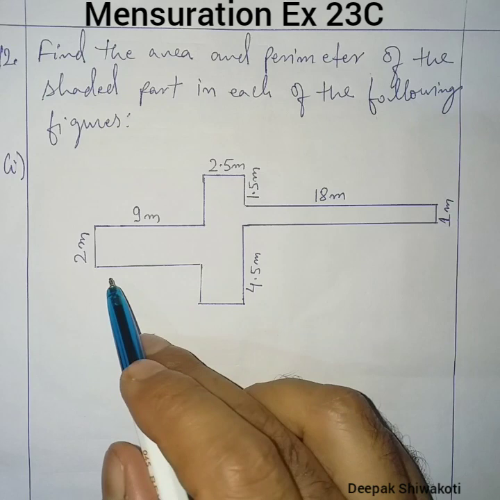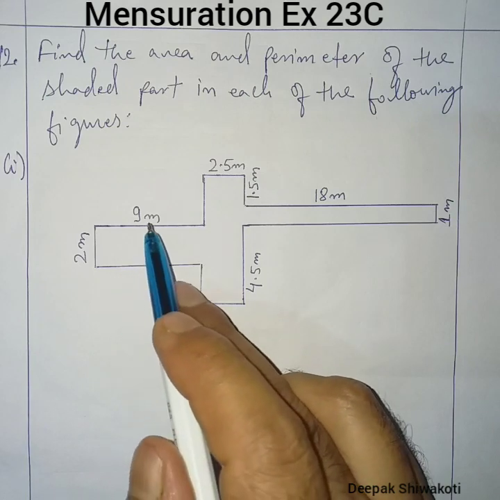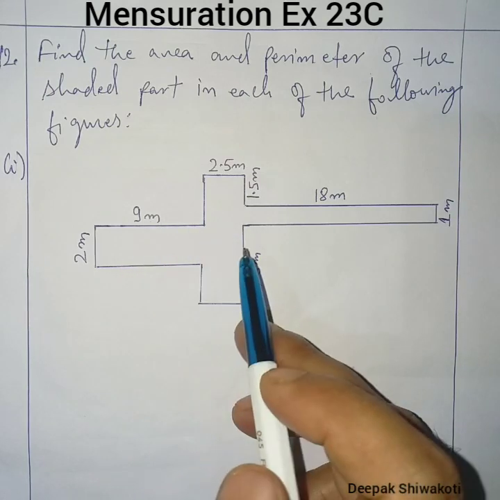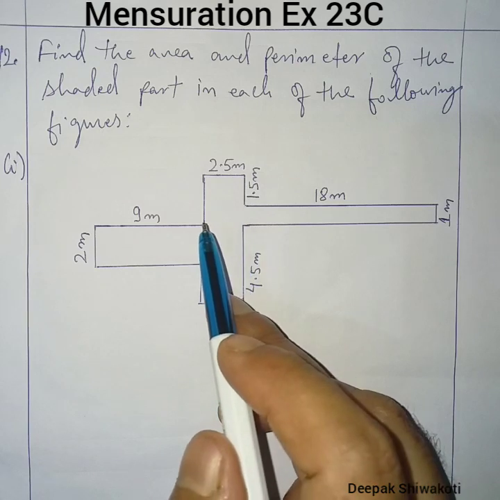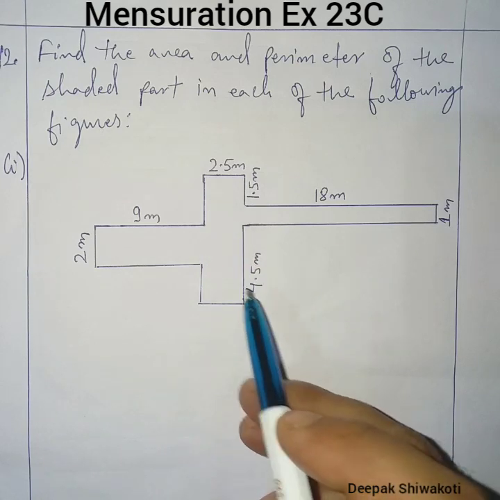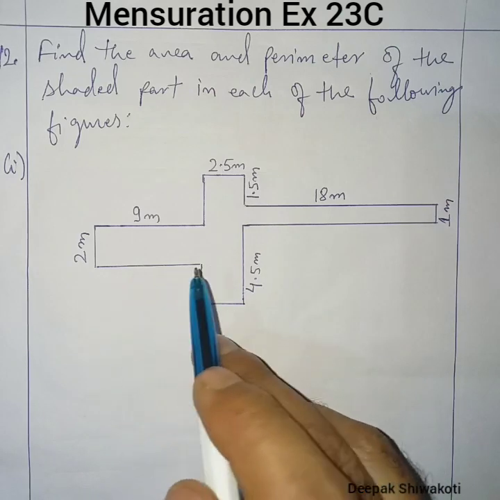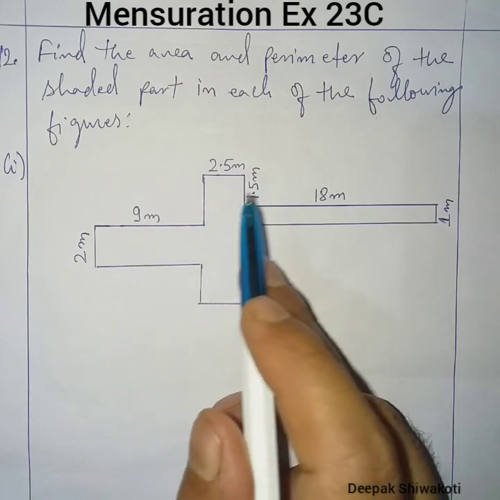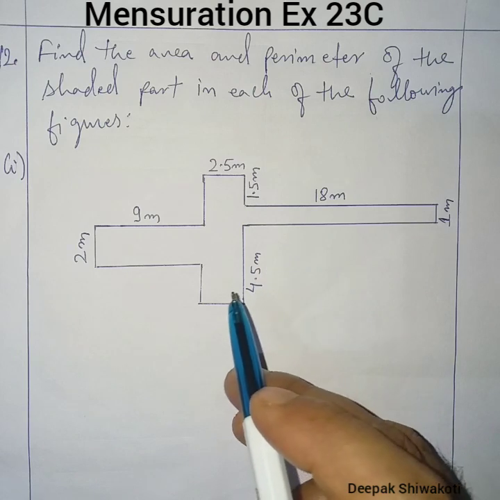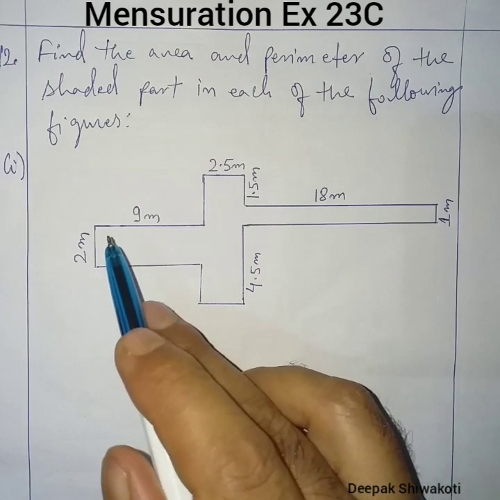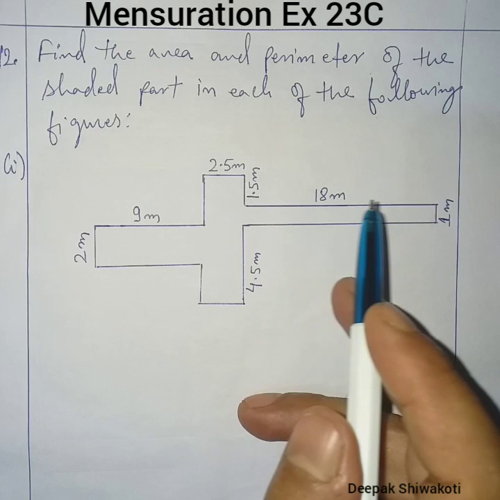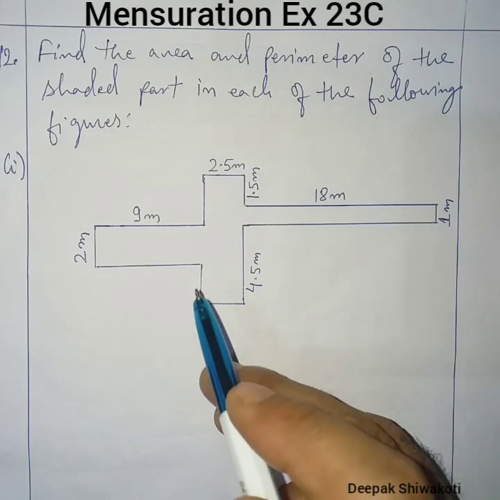So by going through this figure, we just have to make an idea how much is this length. Okay, we have to calculate it. So perimeter means the total boundary of the figure. Okay, so the sum of the lengths of all the line segments here is the perimeter of this figure.